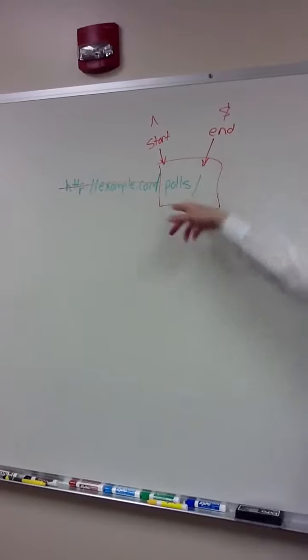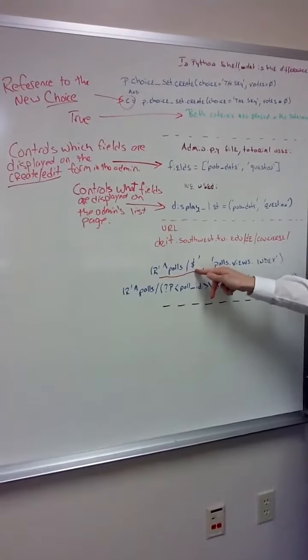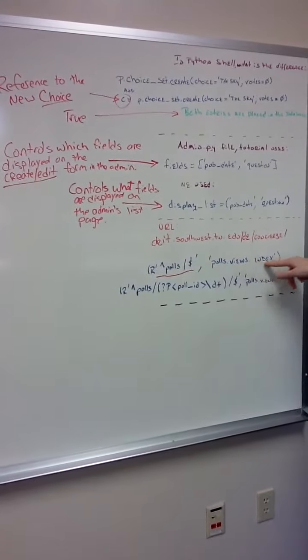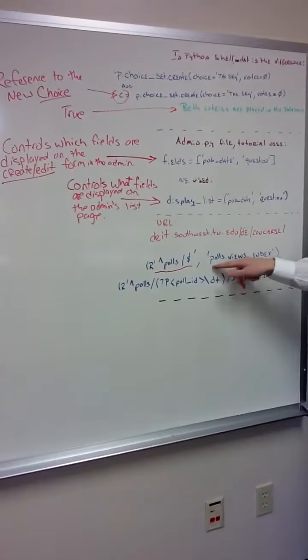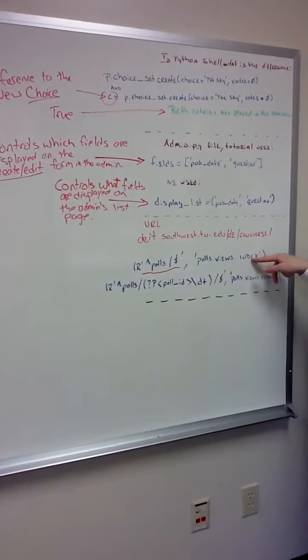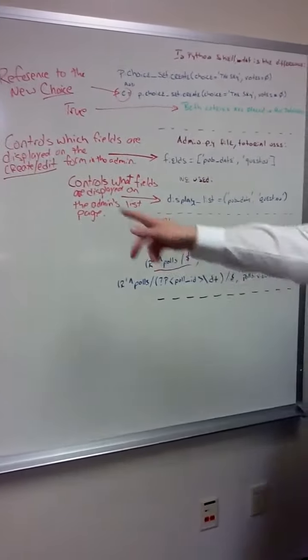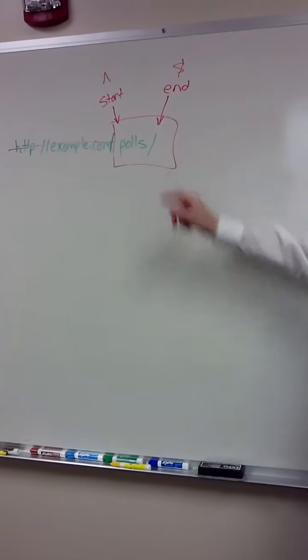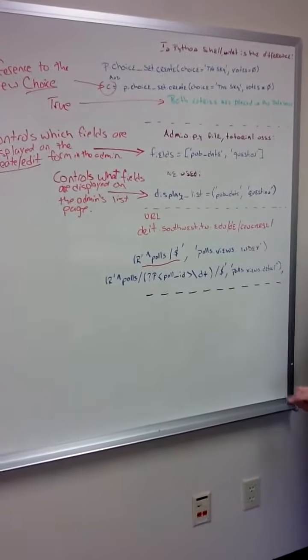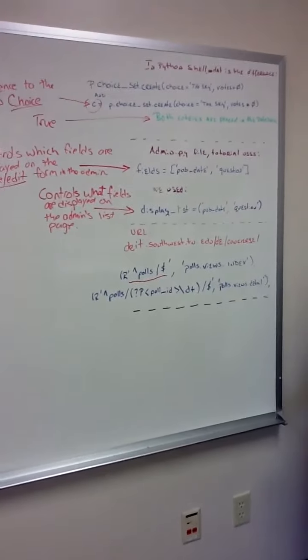So this particular URL would match this pattern, and that URL would get mapped to this index page, this view. That function gets executed when you type this URL in your browser. We're telling it where to point to.